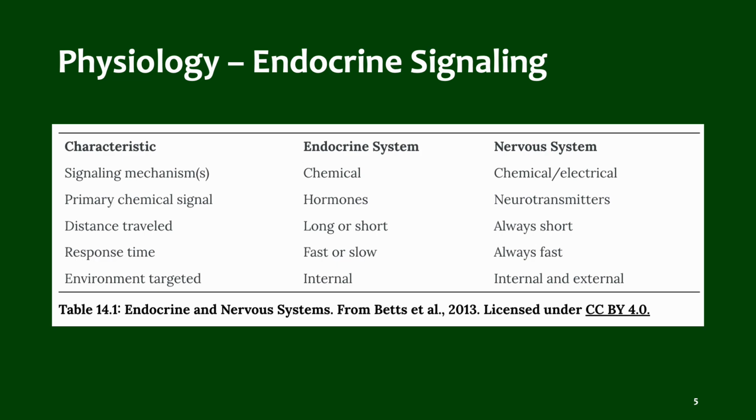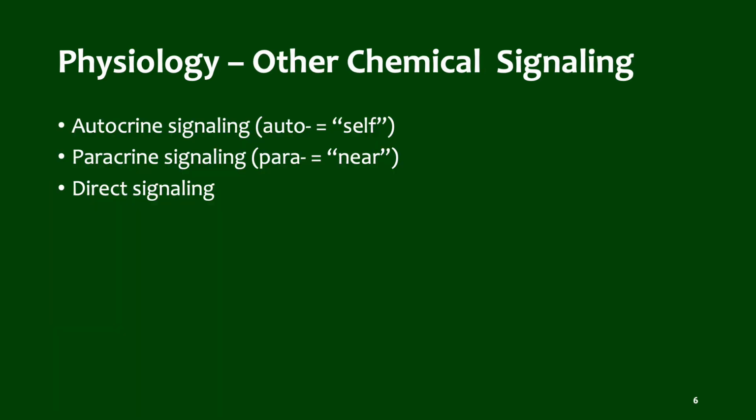These are endocrine signaling. Not every chemical messaging in our body is endocrine signaling. There are other ones like autocrine, paracrine, and direct signaling.